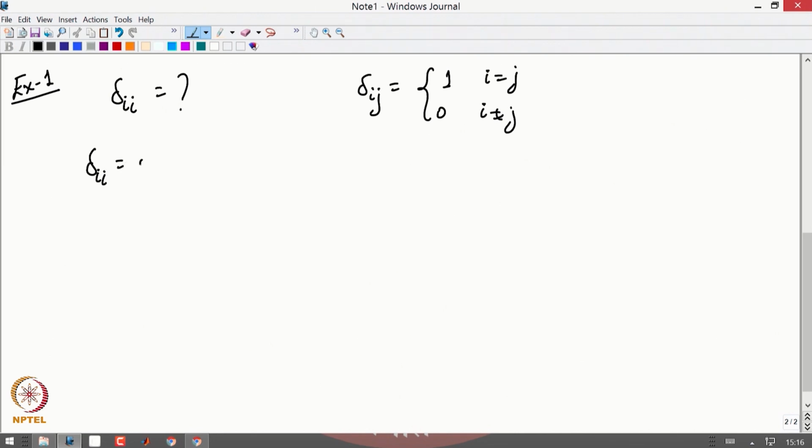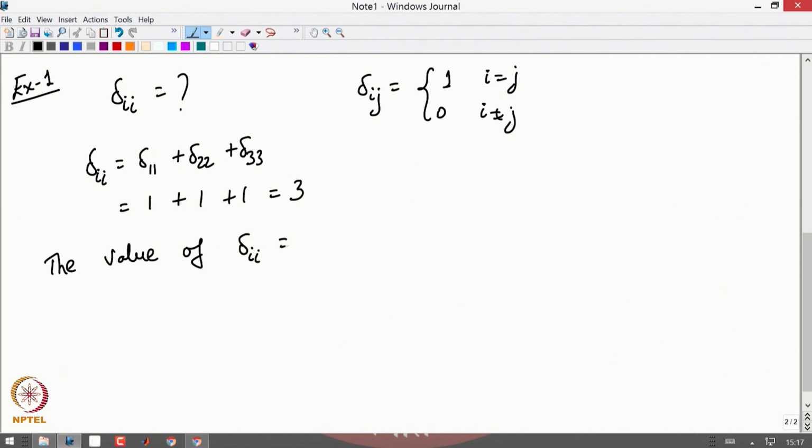So, delta ii would be delta 11 plus delta 22 plus delta 33, and from this equation you know that each of these will take a value of 1 and hence it is 1 plus 1 plus 1 is equal to 3. So, the value of delta ii is 3.